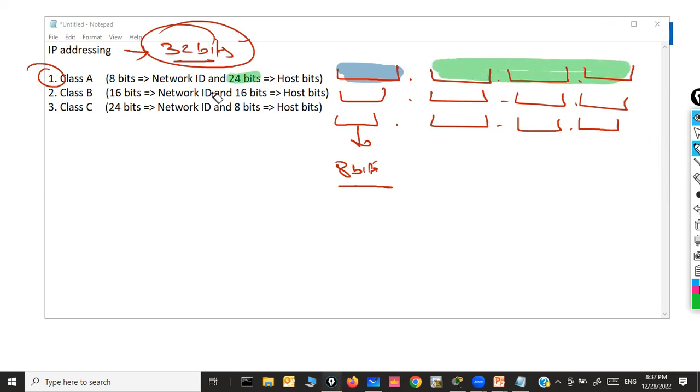In class B it is 16 bits and 16 bits, and in class C it is 24 bits and 8 bits. Network ID in class B means the initial 2 octets, and in class C the initial 3 octets. This is the default behavior.